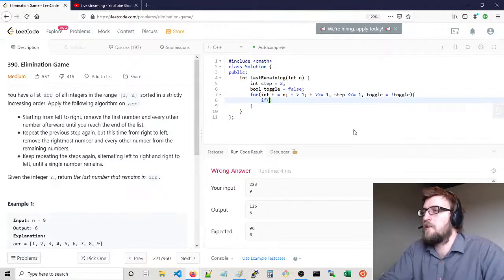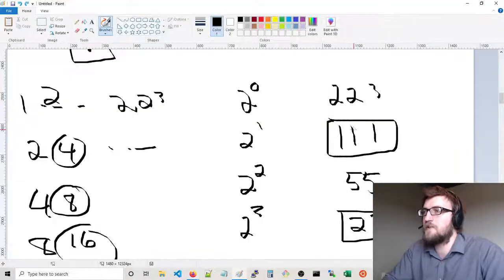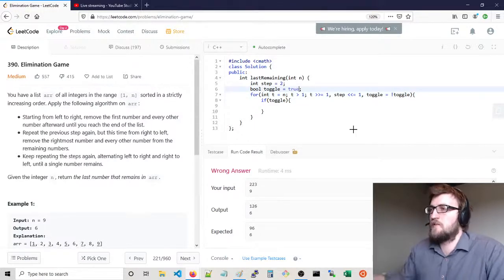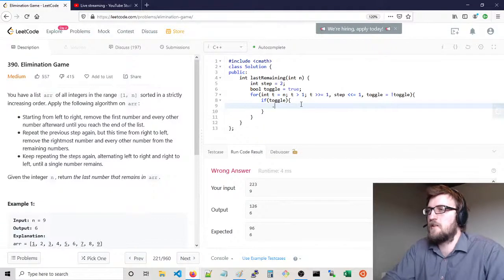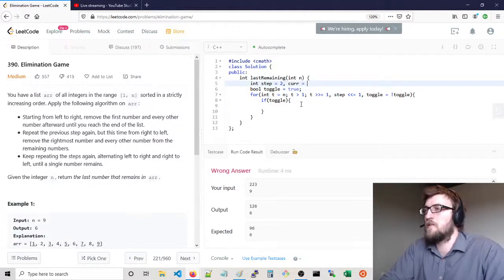We say if toggle. So the first thing we do, we could say false or true initially. So if toggle, then we immediately pick the second element, and we have a current element start off at 1.